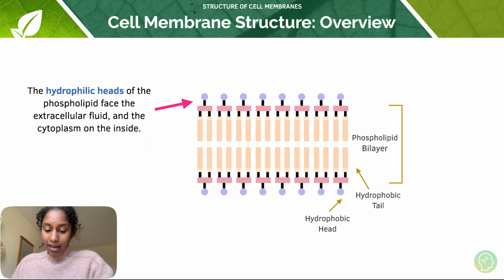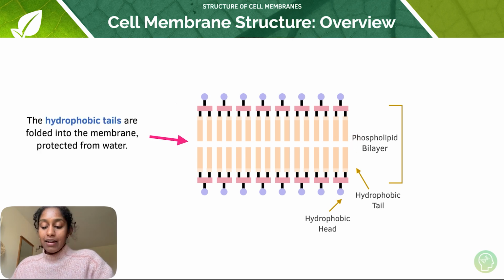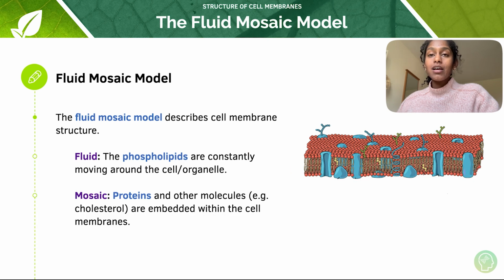So hydrophilic heads of the phospholipid face the extracellular fluid on the outside and the cytoplasm on the inside. This is our phospholipid bilayer, this whole structure. These are our hydrophobic tails, these are our hydrophilic heads. And as I said, the hydrophobic tails are folded into the membrane and protected from water.